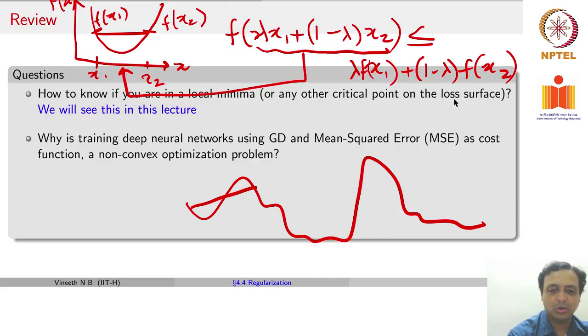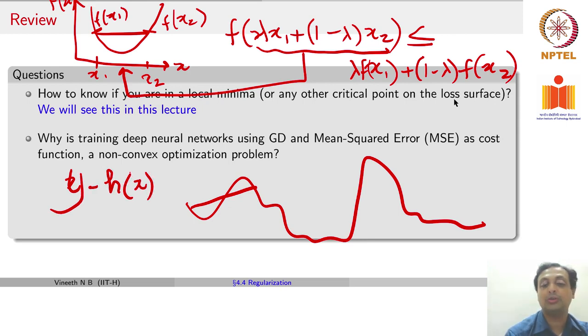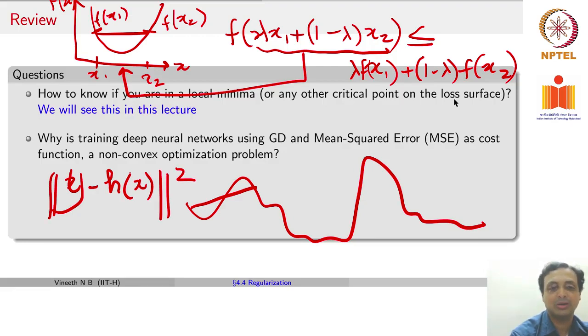Let's assume that y was the label and h of x was the output of the neural network. Mean square error tries to minimize the square of these terms, and of course you take a mean. Half can be added for simplicity.